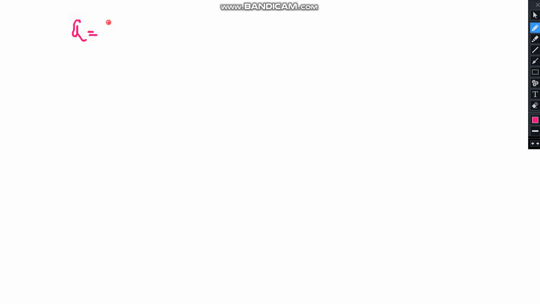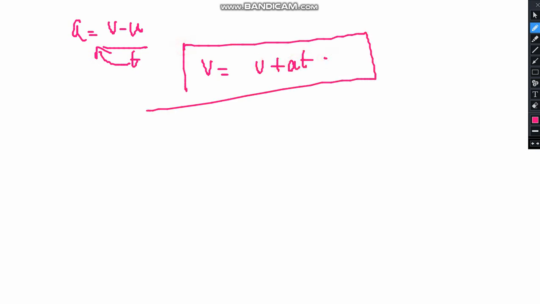As I already said, a equals (v minus u) by t. So v is equal to, if you take the t to that side, u plus at. This is one of the formulas. There is another formula which can be easily derived using (u plus v) by 2, which is used for uniform acceleration.